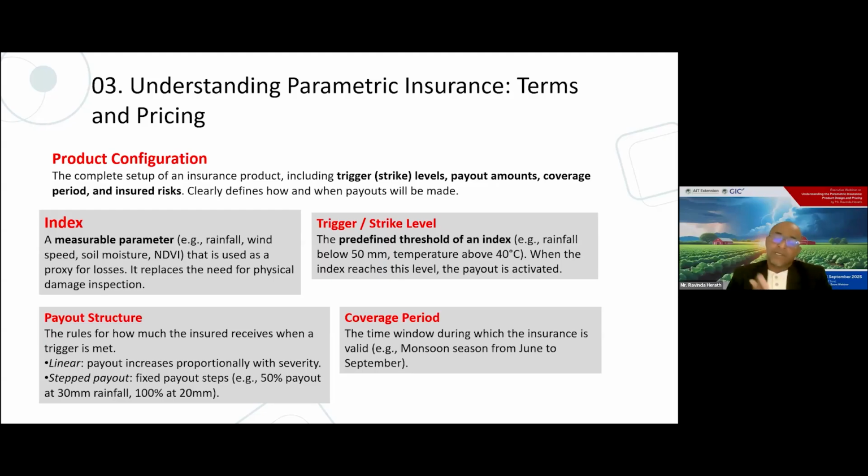It should sometimes be the whole cropping period, or a part of the cropping period. It depends on the client requirement. The cover period is important in pricing, to know what period is covered under the product.